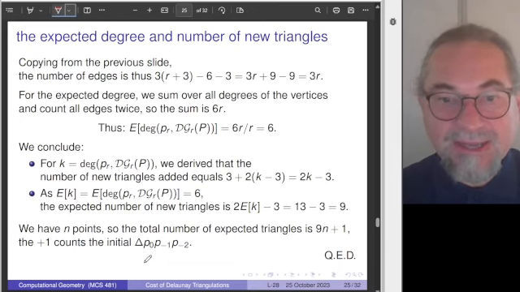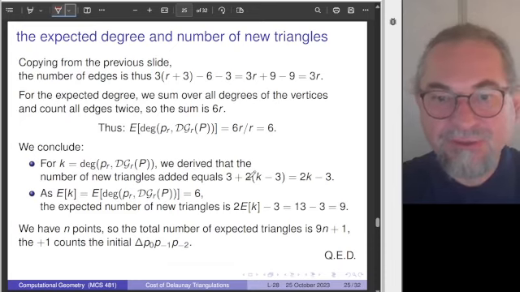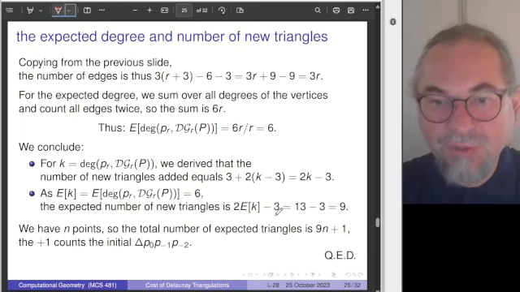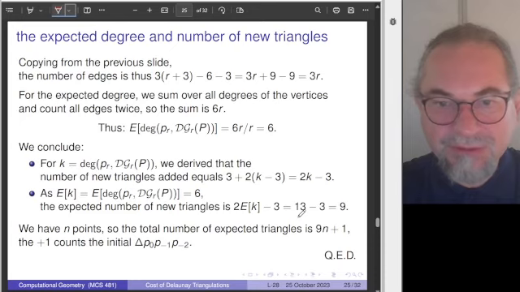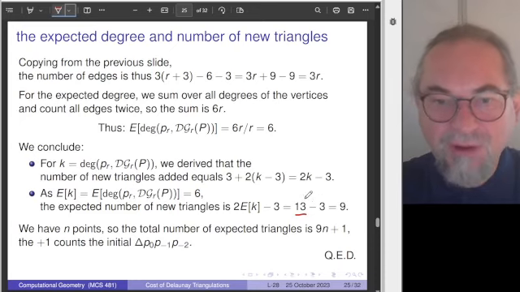We have the expected number of edges. So based on this expected degree, there are some calculation errors here. 13 minus 3 is 10, so this should be a 12 here.